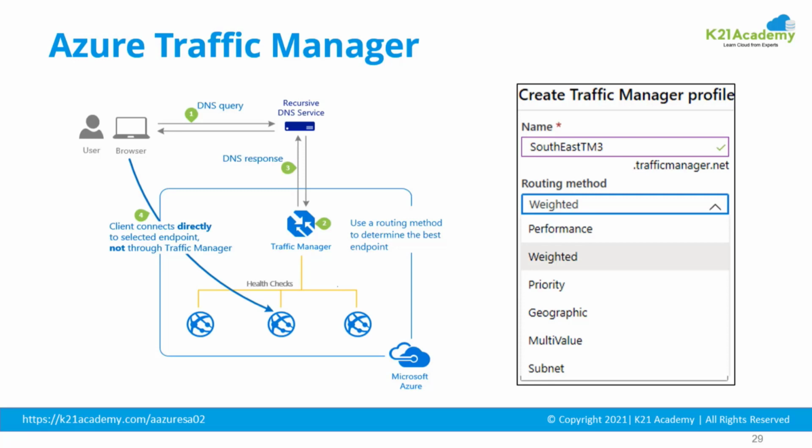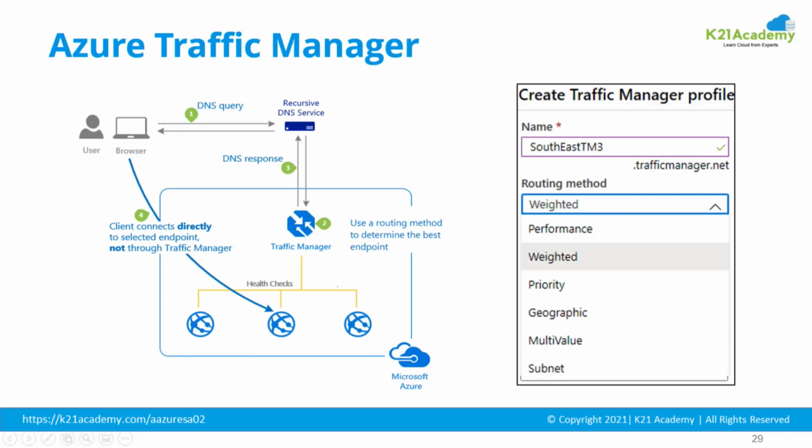To give an example, you can have a traffic manager and then two sites. For example, one site is in Europe, a second in US, and maybe a third site in Australia or Singapore or Asia. On top of that, there will be a traffic manager.